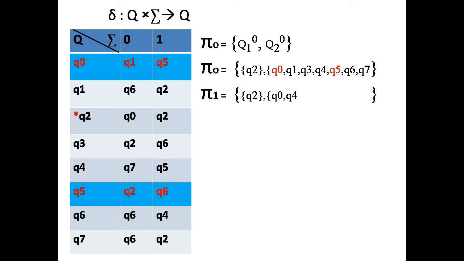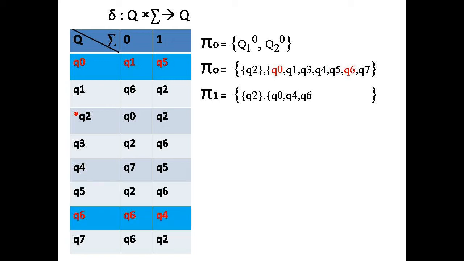Similarly, we compare states Q0 and Q5. Q0 and Q5 on 0 input symbol go to Q1 and Q2. Q1 and Q2 are in different sets in pi 0. Therefore Q0 and Q5 are not pi 1 equivalent. Then we will compare states Q0 and Q6.